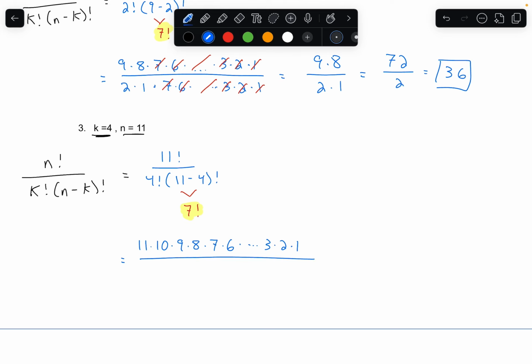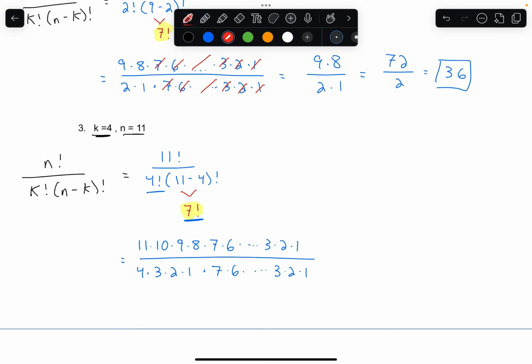And in my denominator, all right, 4 factorial, we can write that out. That's not too difficult to do. 4 times 3 times 2 times 1. And then the 7 factorial. This is the part that I'm going to try and cancel. I see 7 times 6 times, following the pattern from my numerator, 3 times 2 times 1.